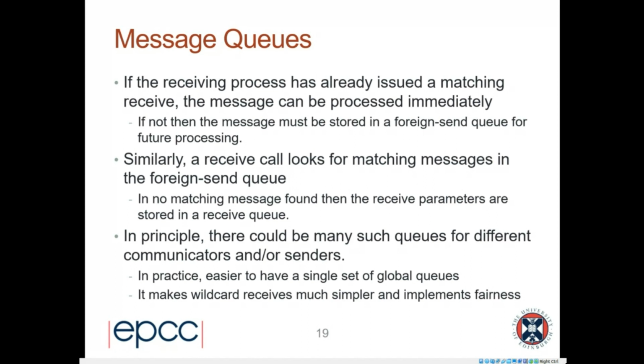Wildcarding is quite difficult for MPI to cope with, and people have actually suggested taking it out. But if you have a global queue which includes all the messages which are outstanding, it's much easier to implement fairness, progress them in a fair way and look for matches in wildcarding and such like.